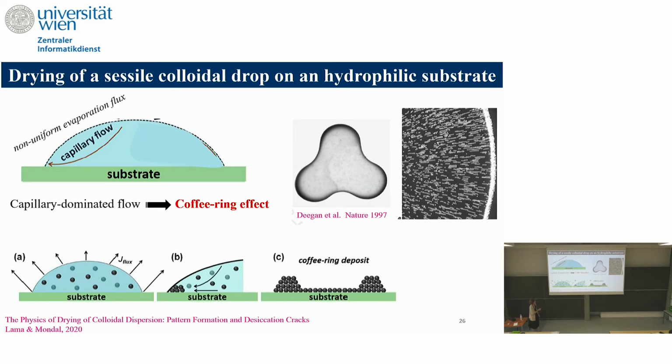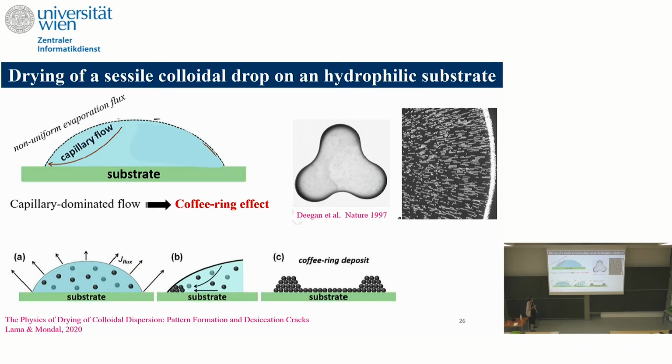Usually, this is the original picture in this paper with this coffee, it's darker here, so you have more particles at the interface. And the simple way to understand this is that you have a hydrophilic drop, and with this kind of hydrophilic drop you have a non-uniform evaporation flux. So it evaporates more here than at the top.